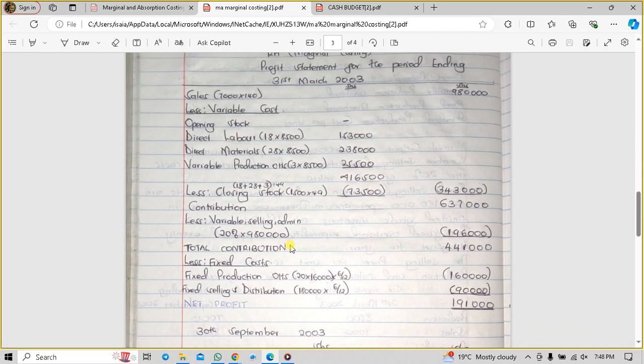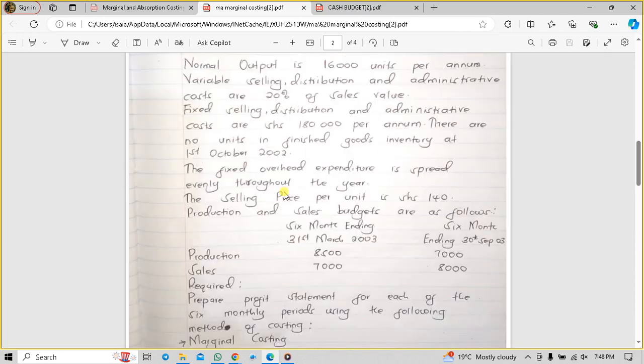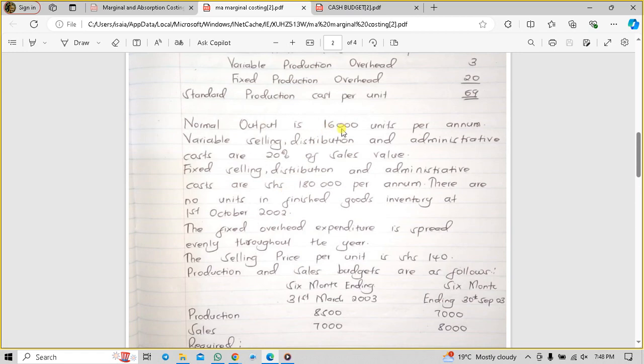From the total contribution, we normally subtract the fixed cost. And fixed cost in this case, we have two. We have fixed production overheads and fixed selling and distribution. For fixed production overheads, we normally take the normal output, which is 16,000.